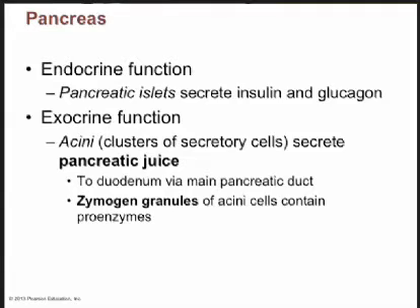An endocrine organ secretes its products directly into the bloodstream through active transport, while an exocrine organ has to secrete its products into a duct, which is basically the biological equivalent of a hose, and from there either into the lumen of another organ or onto the surface of a particular tissue. Okay, so this gland meets the criteria for both.